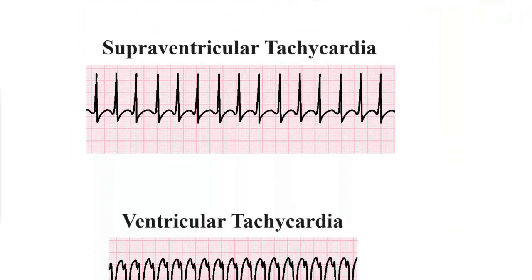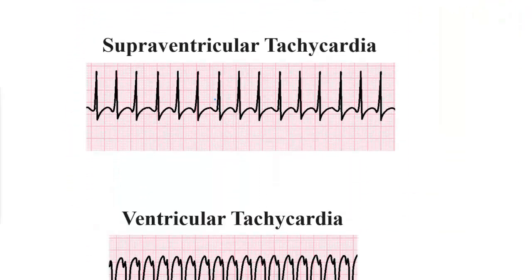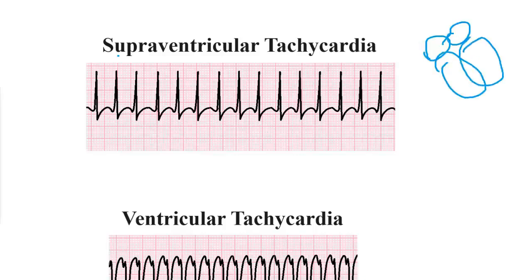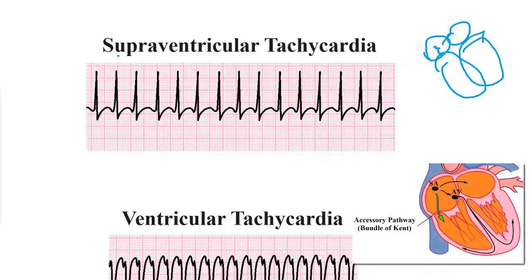Next, I would like to discuss supraventricular tachycardia. As the name implies, supraventricular means above the ventricle. So the source of depolarization of the ventricle is above the ventricle. An example of which includes, for instance, Wolff-Parkinson-White syndrome, where due to the bundle of Kent, there would be depolarization of the atrium bypassing the AV node and causing the depolarization of the ventricle.